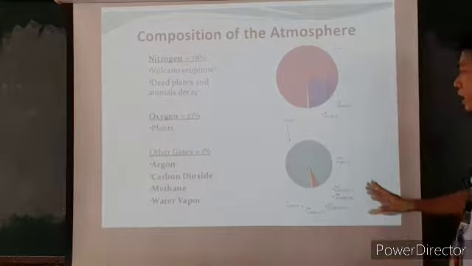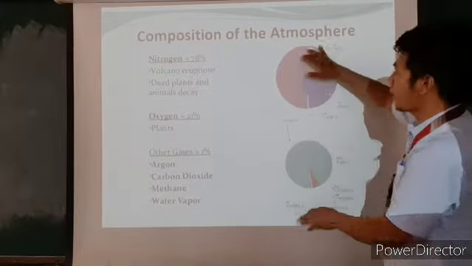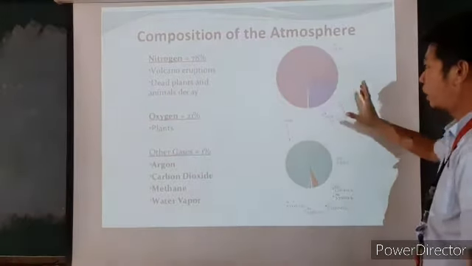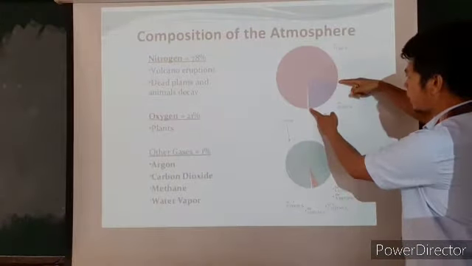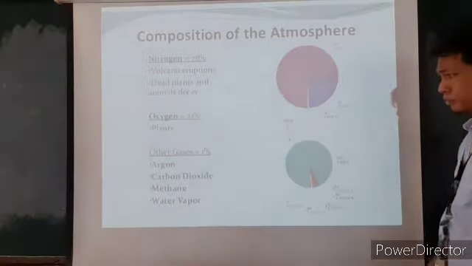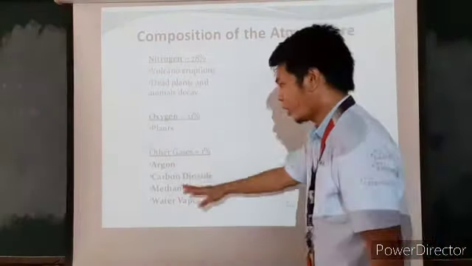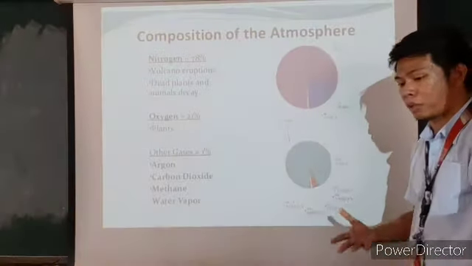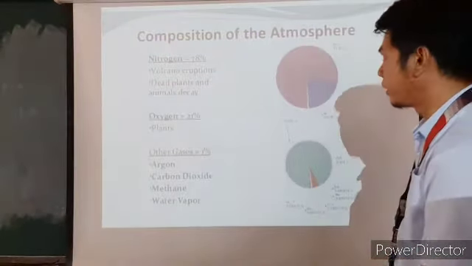As you see in this graph, this part is the nitrogen, and then this part is the oxygen, and then this small part is the argon, carbon dioxide, methane, and water vapor, and other gases available in our atmosphere.